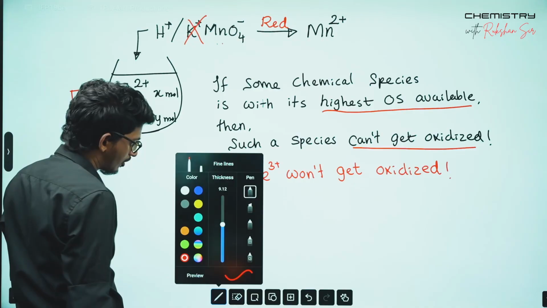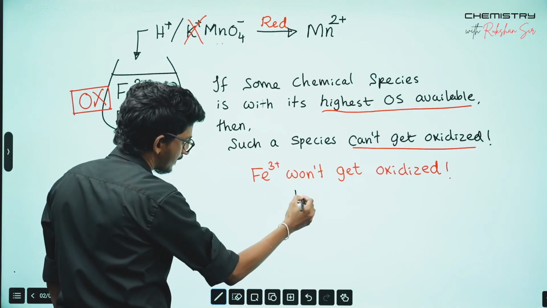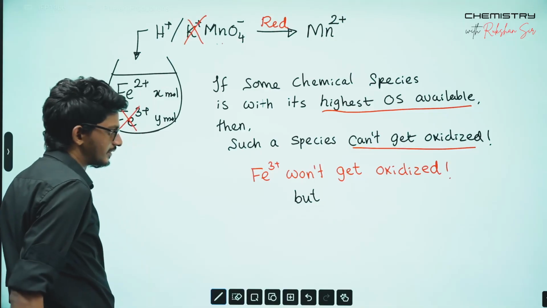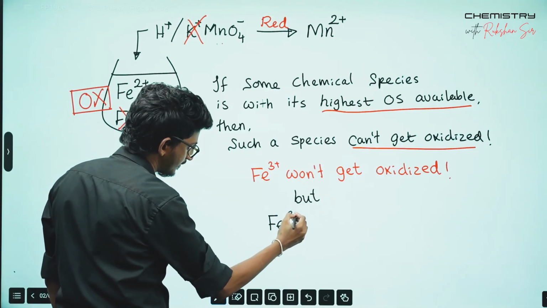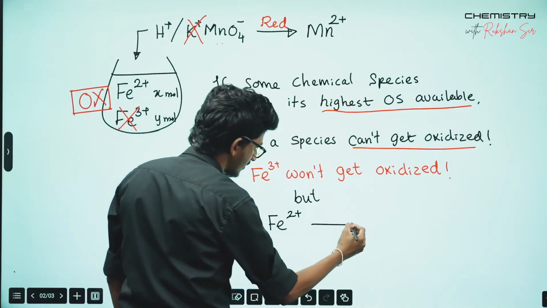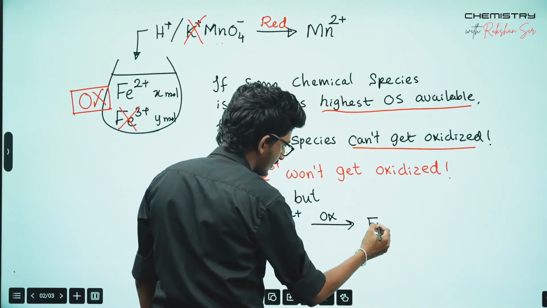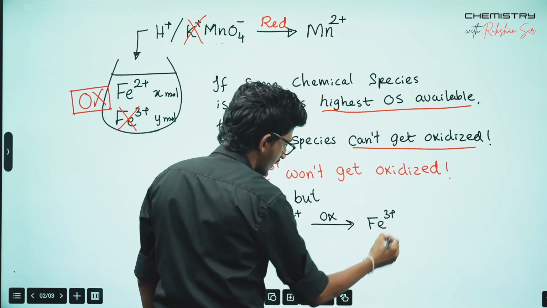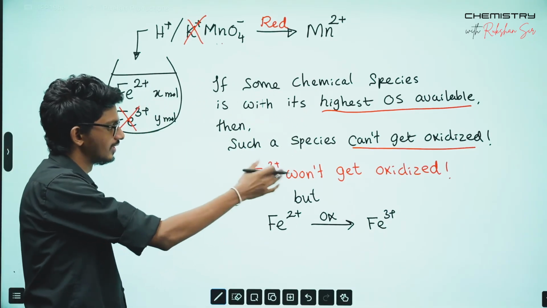But what about the Fe2+? Fe2+ here could get oxidized, right? So Fe2+ here will oxidize to come up as Fe3+. If you are not with your highest oxidation state, then you can get oxidized, no? So Fe2+ will oxidize here.